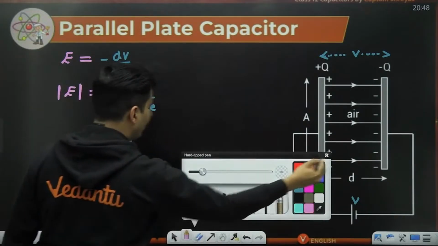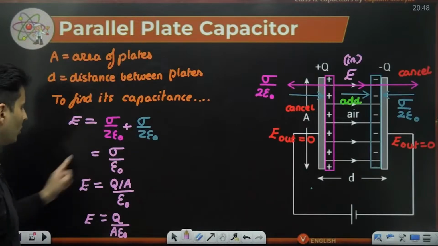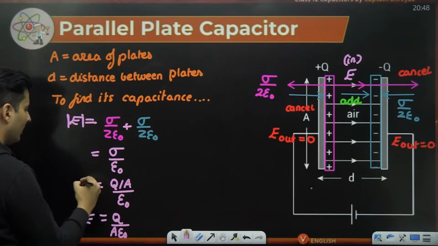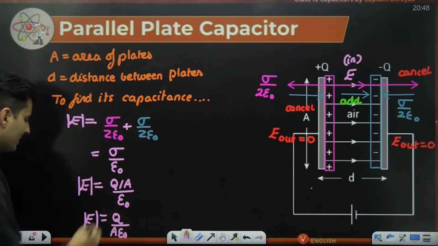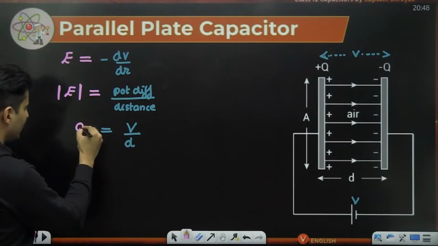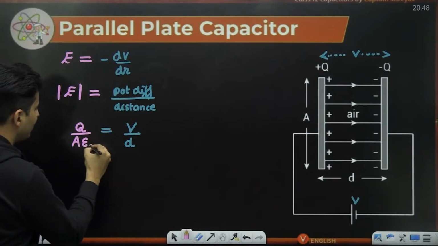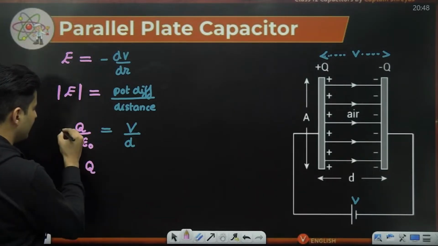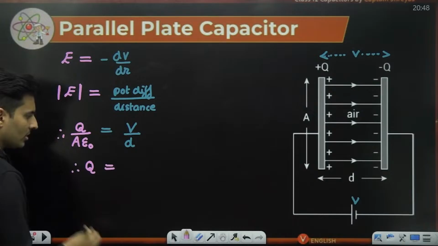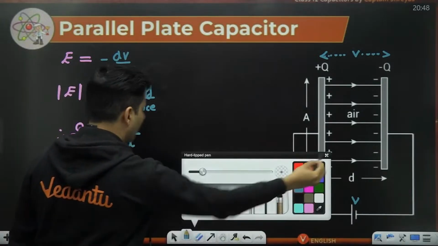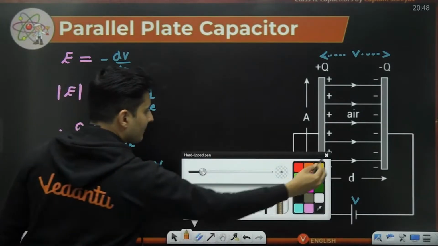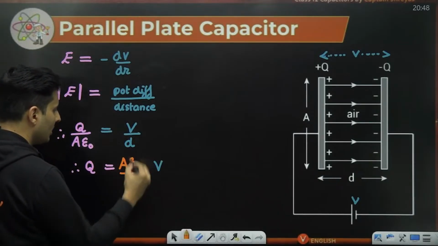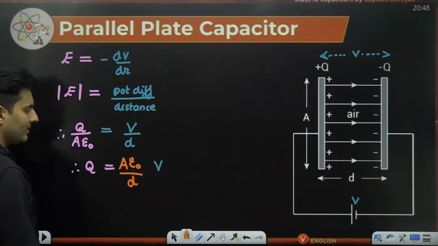And this electric field magnitude, we just got it over here. So this was the net magnitude of the field, whatever we have got. So this magnitude is Q by A epsilon naught. So I have an idea now. How about writing this as Q is equal to, observe this carefully, V is as it is. On the top, A will go, epsilon naught will also go, D will stay below as it is.